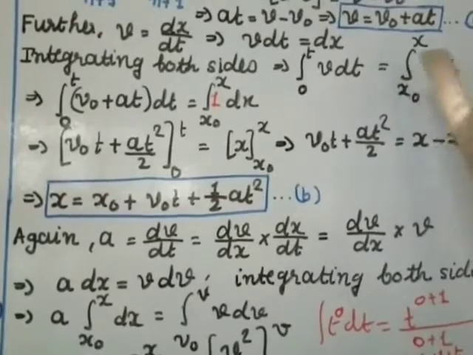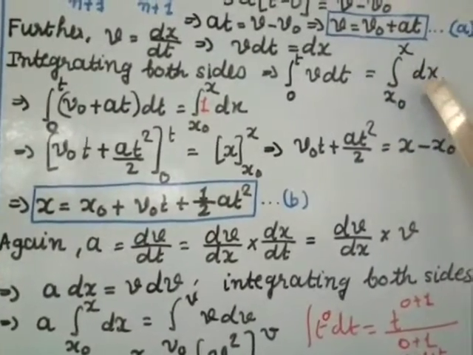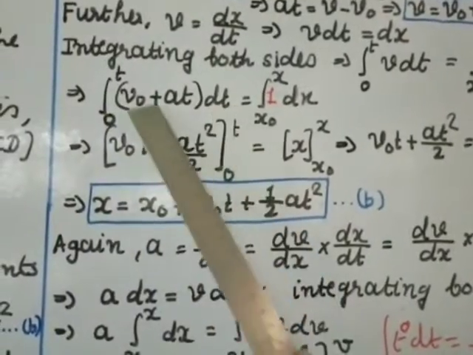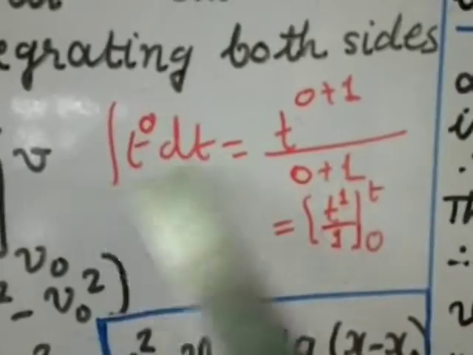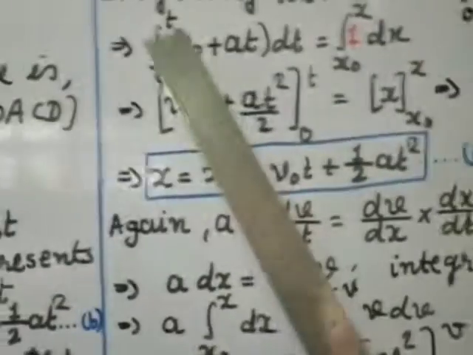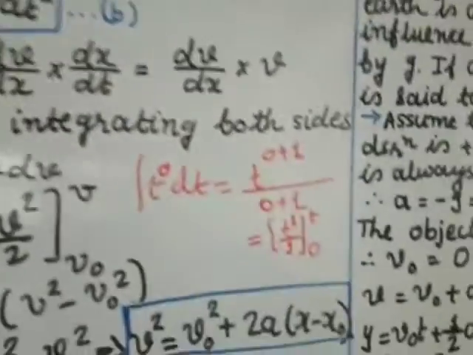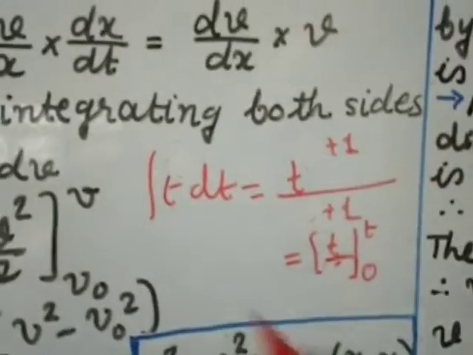Here nothing is there, means 1 is there, and since it is with respect to x, it will be x power 0. Now v naught here with respect to t, so t power 0 is there, same like this. t power 0 integral is t, so I can write here v0 into t plus a, now t is there, that means t power 1 is there. Let us make the change here. Now it is t power 1.